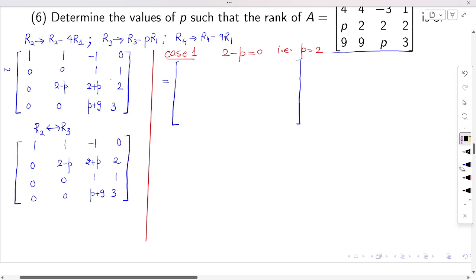So when p equal to 2, this matrix becomes 1 minus 1 1 1, minus 1 0 0 0, 4 2 0 0, 1 1 0 0, 11 and 3. Okay, now exchange row 2 and row 3.